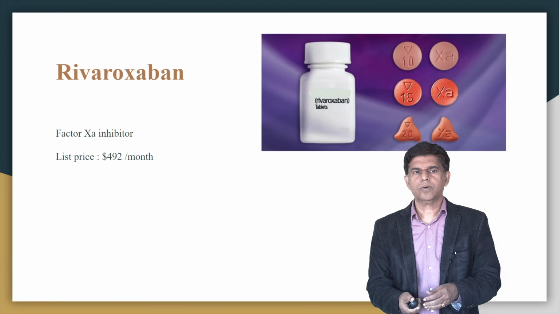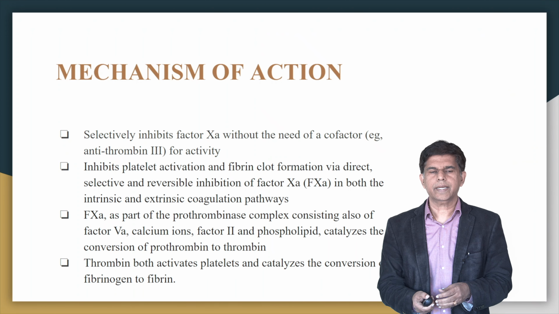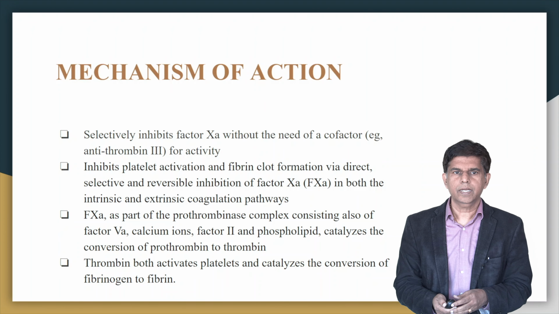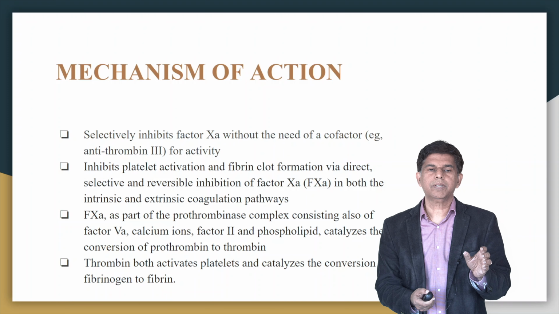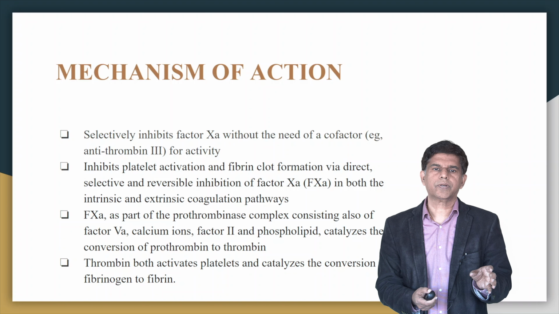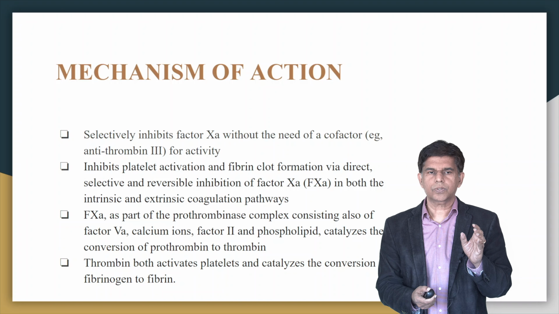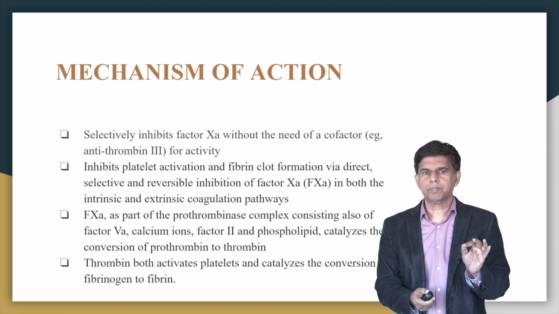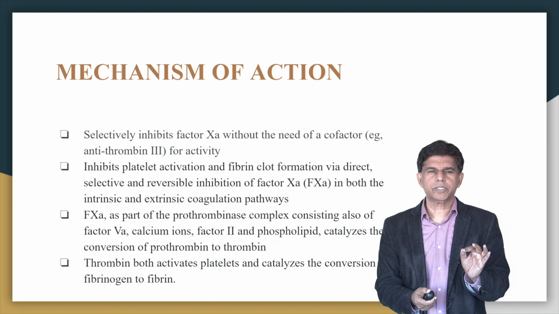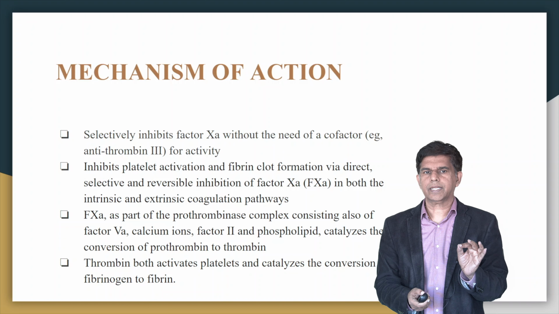And if you look at the coagulation cascade to see where it works, its mechanism of action is to selectively inhibit factor Xa without the need for a cofactor. Okay, so the only thing you need to know mainly is that it selectively inhibits factor Xa. It inhibits platelet activation and fibrin clot formation by direct, selective, reversible inhibition of factor Xa in both the intrinsic and extrinsic pathway.